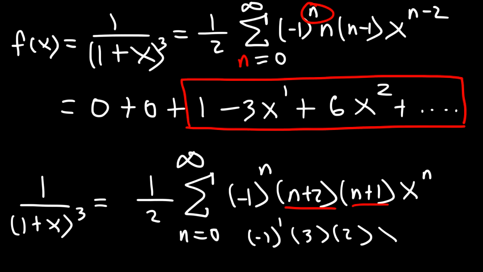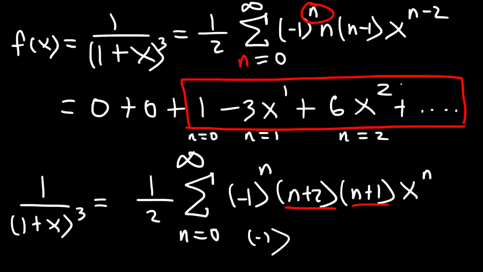And then let's try one more just to make sure. Here, this is for n is 0, 1, and 2. So when n is 2, we should get 6x squared. So this is going to be negative 1 to the second power, and 2 plus 2 is 4, 2 plus 1 is 3, times x to the n is 2, so x squared, and then times 1/2.